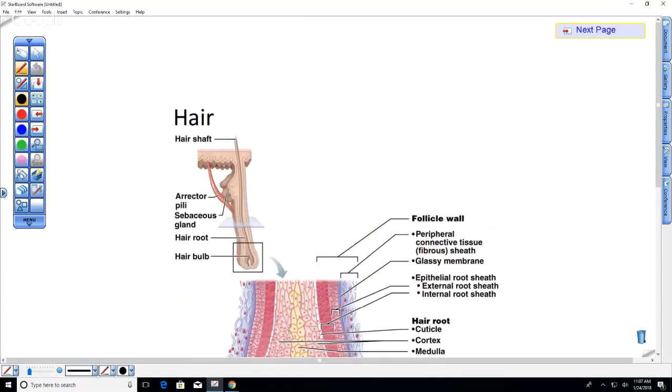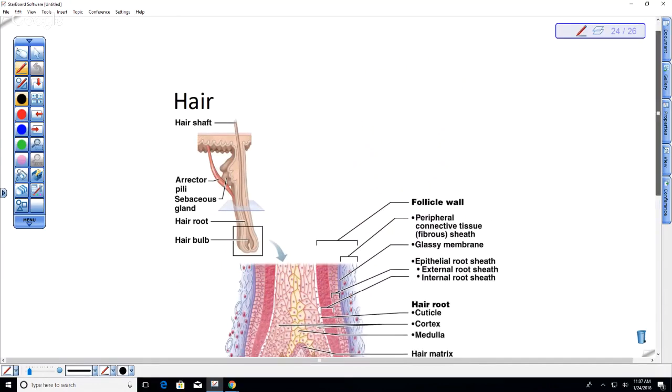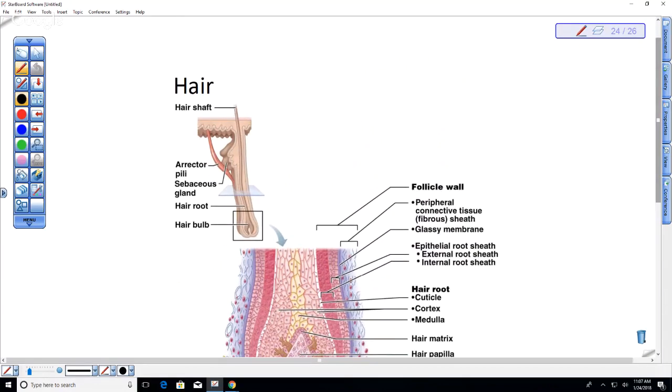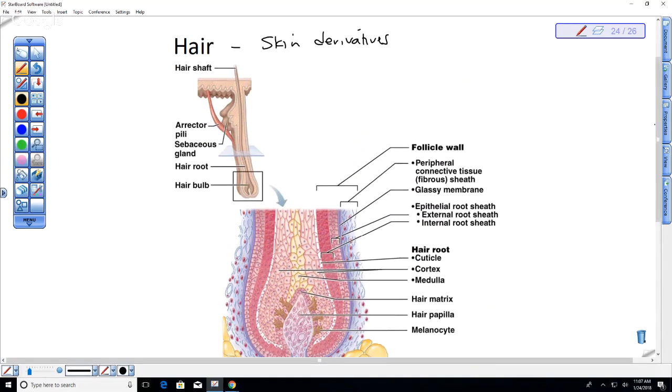Okay. So I'm just going to talk briefly about hair and nails. So hair and nails are said to be skin derivatives. And if we look at the structure of the hair, we have two parts. We have the root and the shaft. So the root specifically contains what is called a hair matrix.